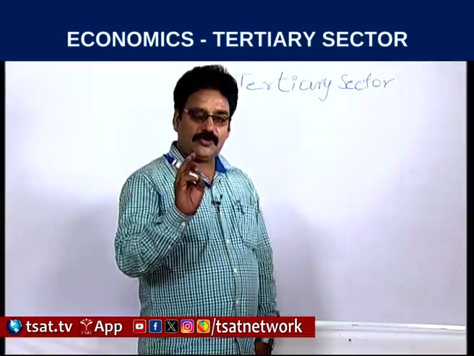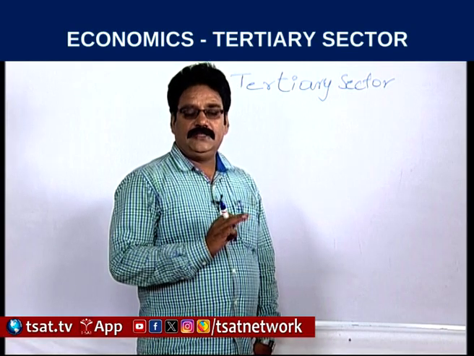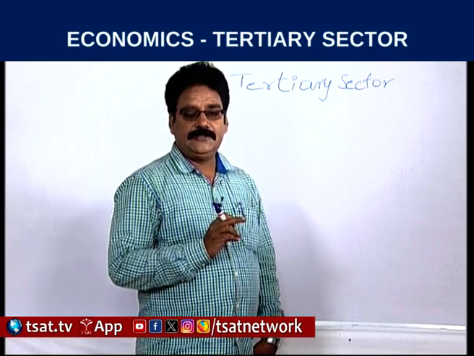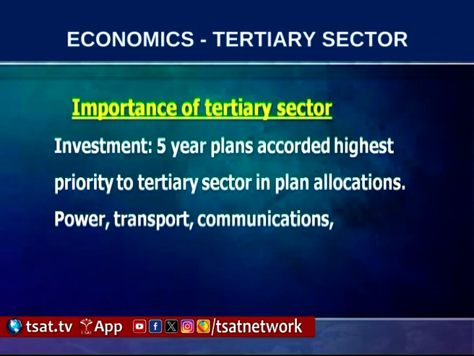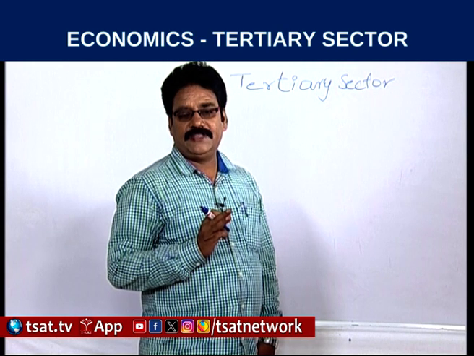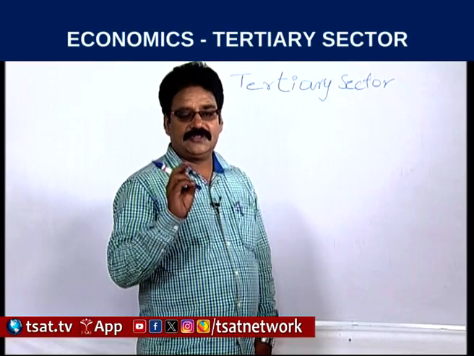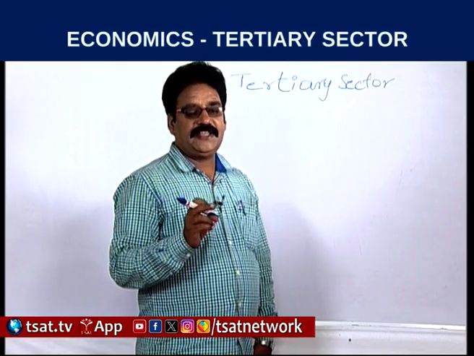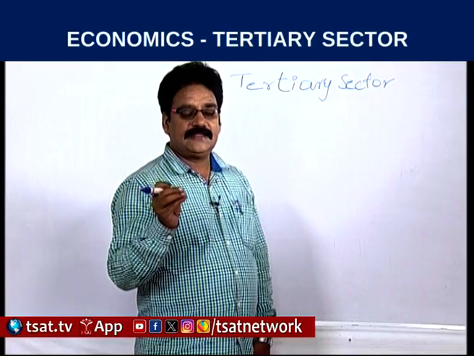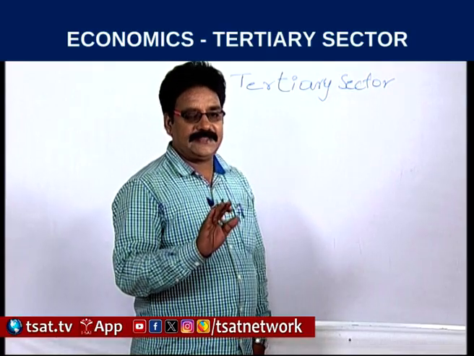Why? Because to develop agriculture and the industrial sector, infrastructure facilities should be provided. Infrastructure means all these necessary services: power should be there, the transport sector should be improved, and the quality of transport, communication and trade, all are necessary for the development of the agriculture sector.